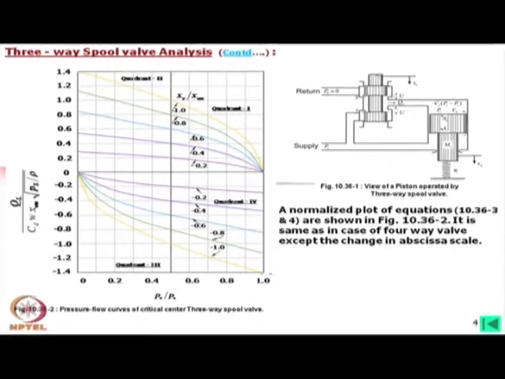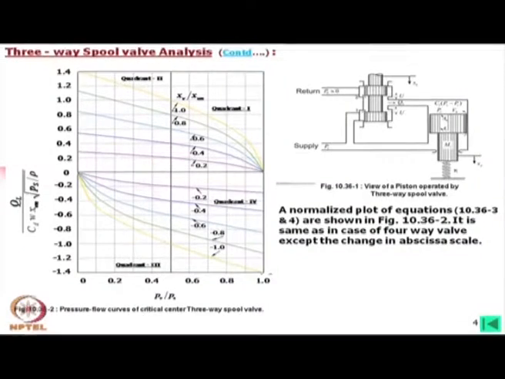That is from the left hand side to the right hand side of this spool. In that case, we simply use this value in this abscissa.